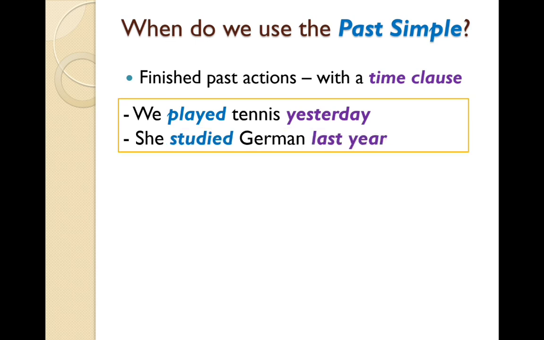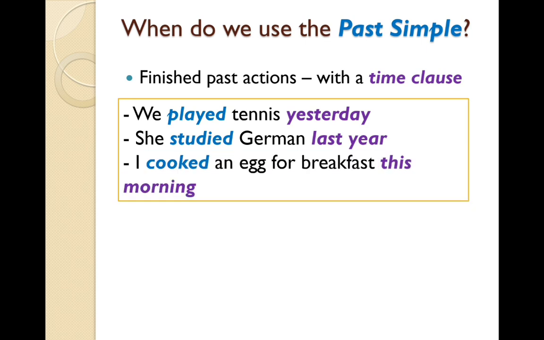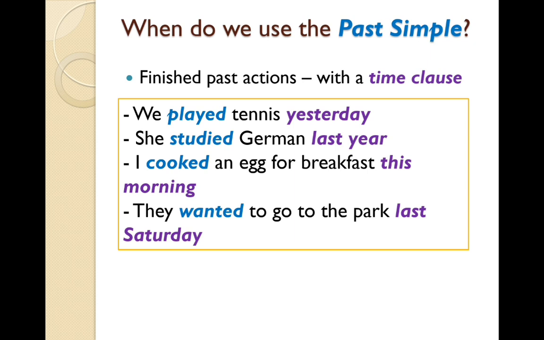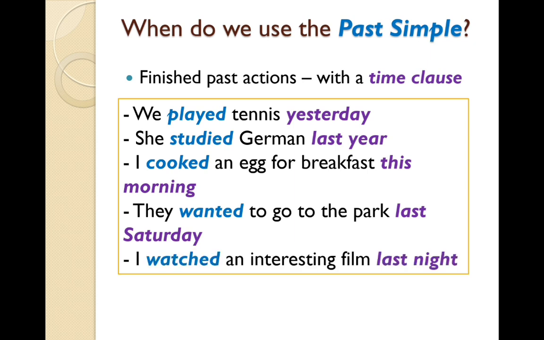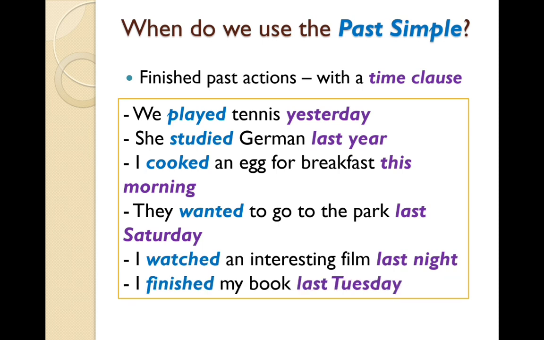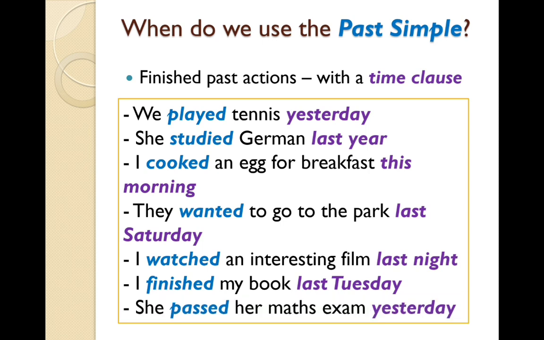She studied German last year. I cooked an egg for breakfast this morning. They wanted to go to the park last Saturday. I watched an interesting film last night. I finished my book last Tuesday. She passed her maths exam yesterday.